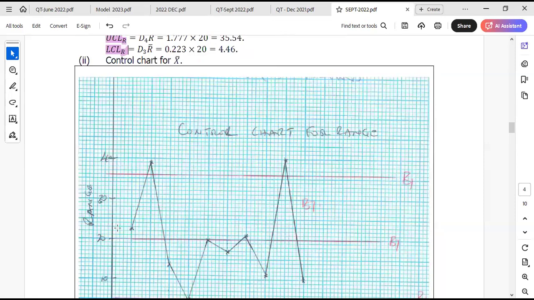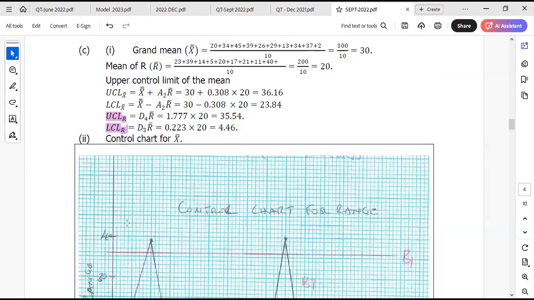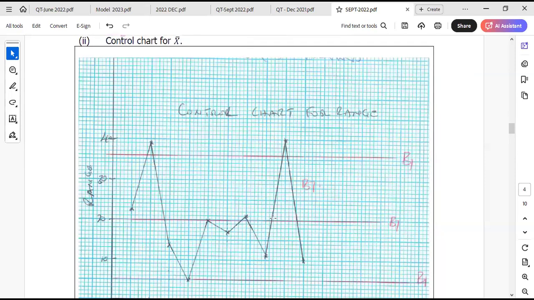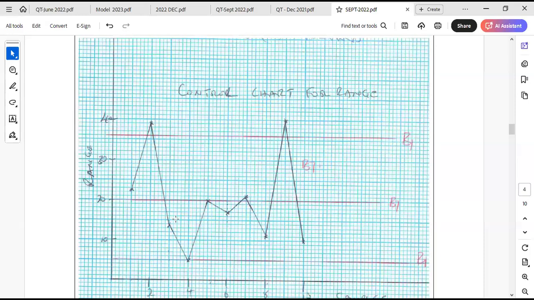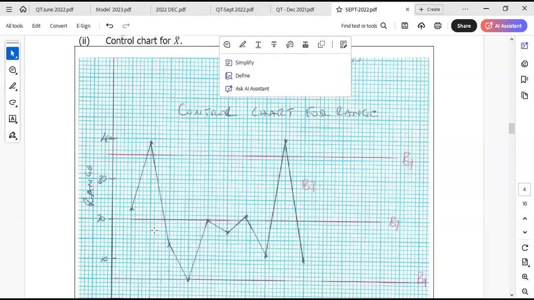Then you also put your average range, the mean range. What was our mean range? Mean of range, it was 20. You put also a line. Then also put a line indicating your lower control limit for range. The lower control limit for range is 4.5, and it is here.